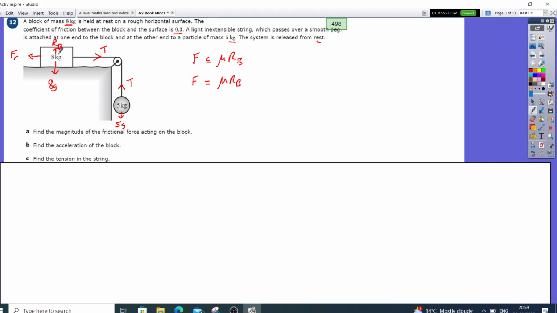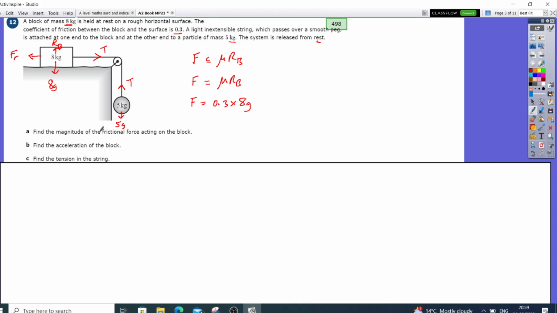And RB here, there's nothing else going up or down, so it is 8g. We've been told the coefficient of friction between the block and the surface is 0.3, so mu is 0.3, and RB is 8g.